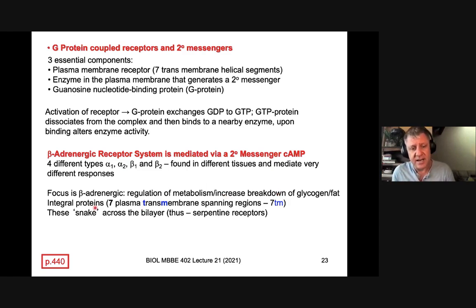So we have this integral protein, with 7 transmembrane spanning regions, and they're usually called 7 TMs because they are 7 transmembrane spanning components. And they snake across. They're a single amino acid sequence, a primary sequence of 7 transmembrane domains, and they cross the bilayer. This is why they're called serpentine receptors, because they snake across the lipid membrane.